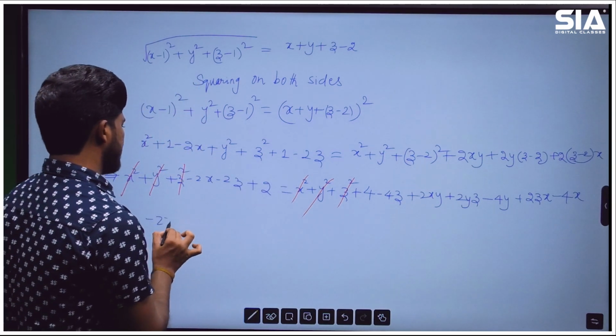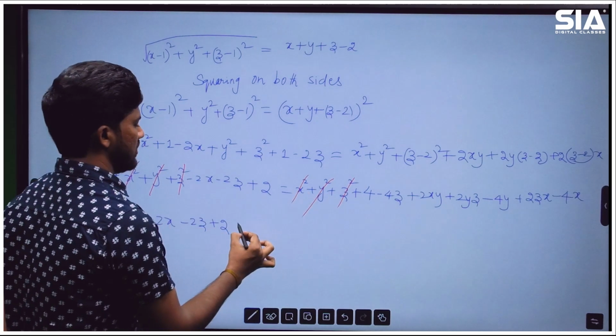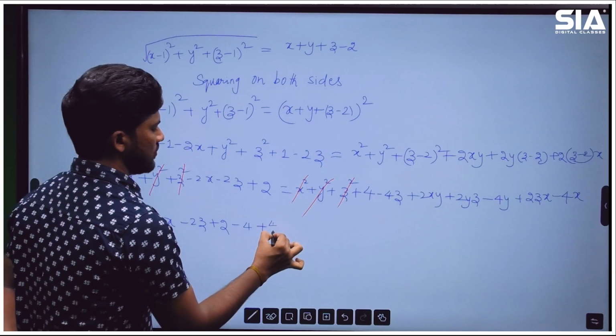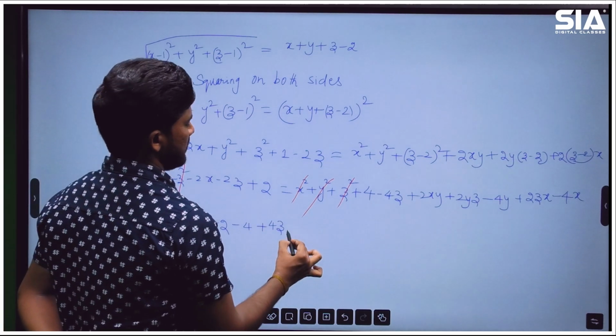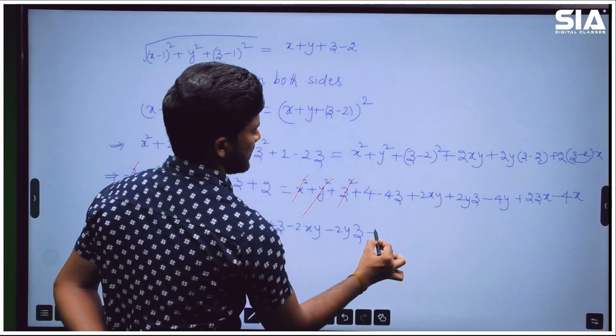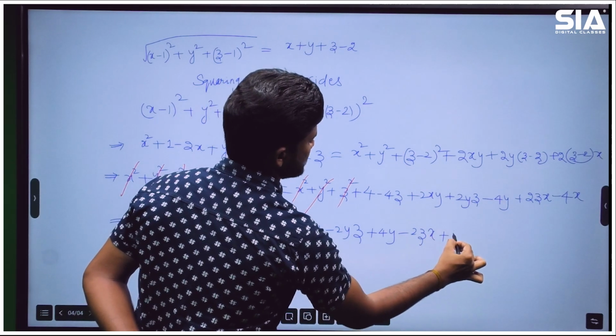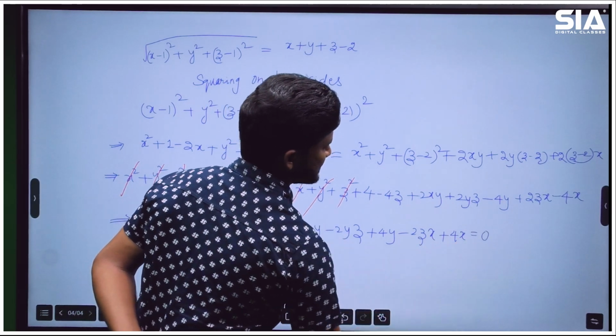So minus 2x, minus 2z plus 2, take minus 4 plus 4z, minus 2xy minus 2yz plus 4y minus 2zx plus 4x equal to 0.